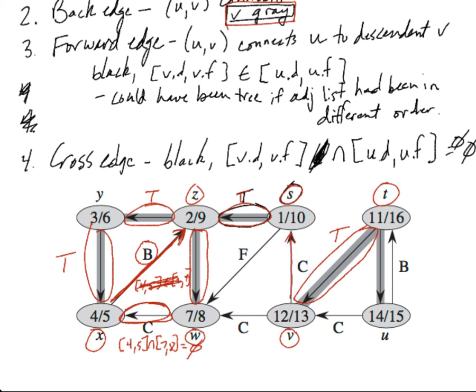We see that S has been processed. It's black. And the intervals are disjoint. So it's a cross edge. And we process this edge as well. Okay, so that's the basic idea of the edge types.